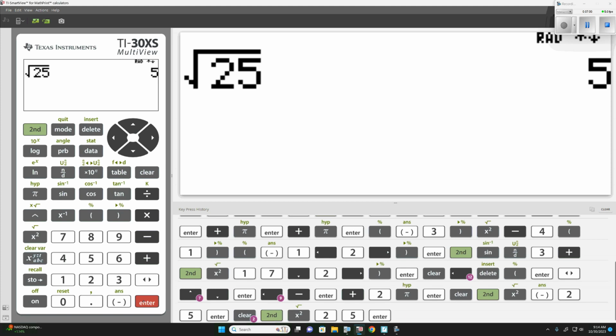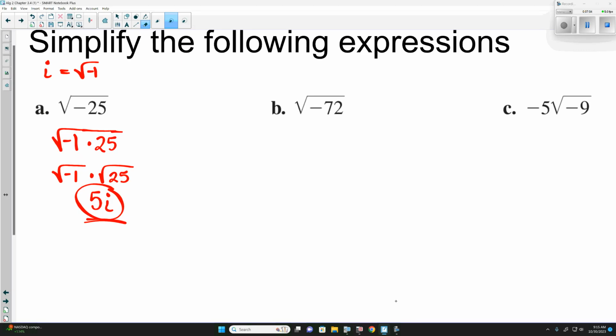So if we look at the next one, square root of -72, this is the same as saying -1 times the square root of 72. So we would have the i. Now we need to see if we can reduce the square root of 72.